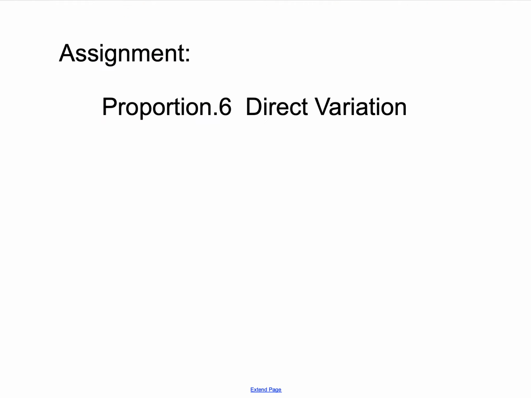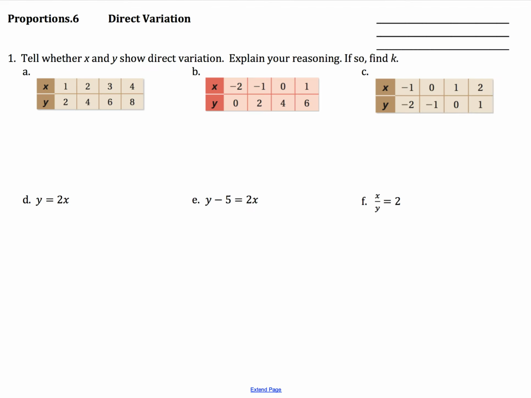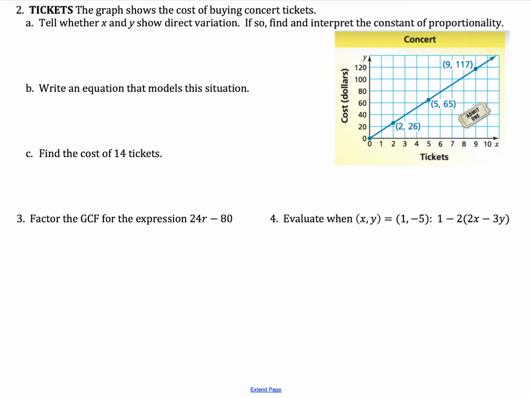That's what it means. Okay, in the practice on this, you're going to tell whether x and y show direct variation, and explain why or why not. If it does, you need to find k. By the way, if you can find k, that's explanation enough that it is proportional. Number 2, it's a situation about buying concert tickets, and there's a unit rate problem involved here. Number 3, review of factoring GCF.